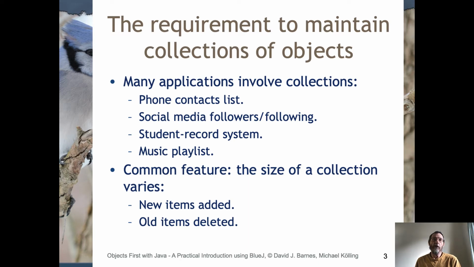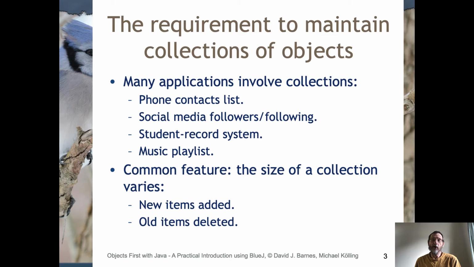Now, a common feature of all these collections, and collections in general, is that the size of the collection, in other words, the number of items in the collection, varies over the course of its lifetime. So when you first sign up for a social media account, you're probably not following anybody and nobody is following you, so the collection is empty. Then gradually, as you start to follow people, the number of people that you're following increases and people start following you, and so the collection sizes vary.